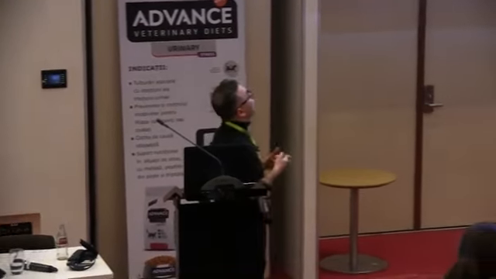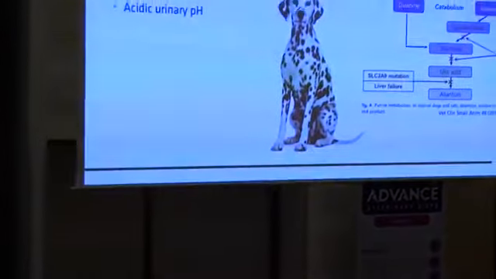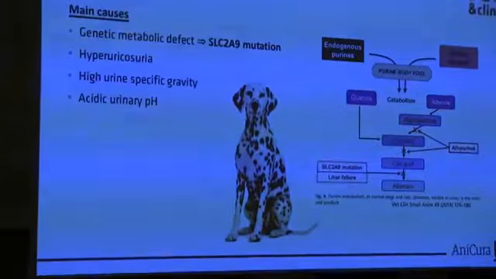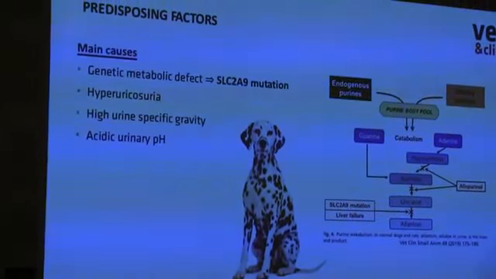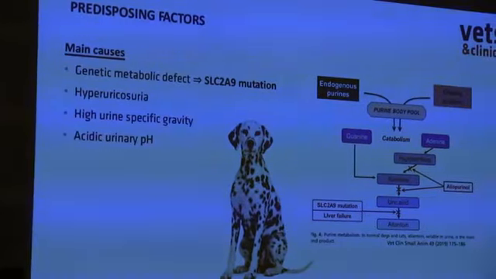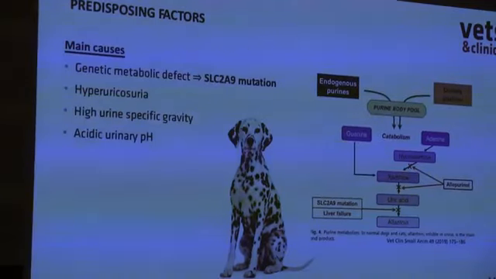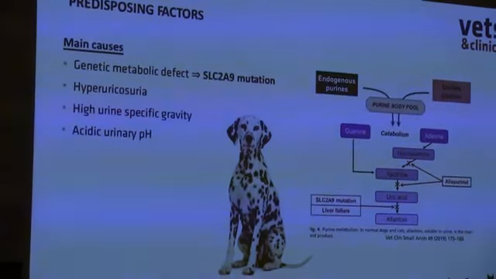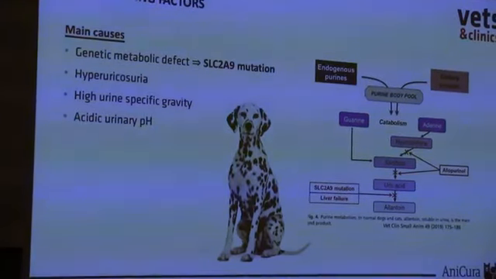Urate uroliths. The main cause in the Dalmatian is a genetic metabolic defect. This is a mutation present in SLC2A9 that produces hyperuricosuria, high urine specific gravity, and acidic urine pH, and all of these predispose to this kind of uroliths. And what happens?